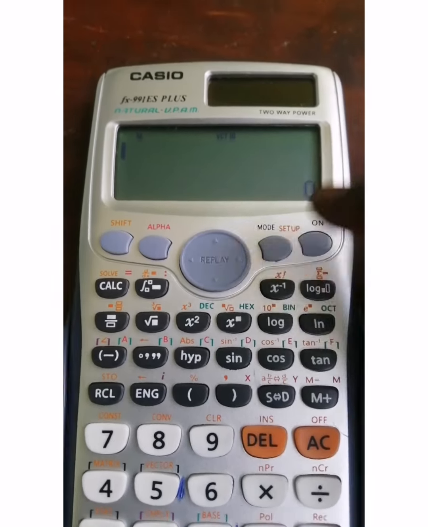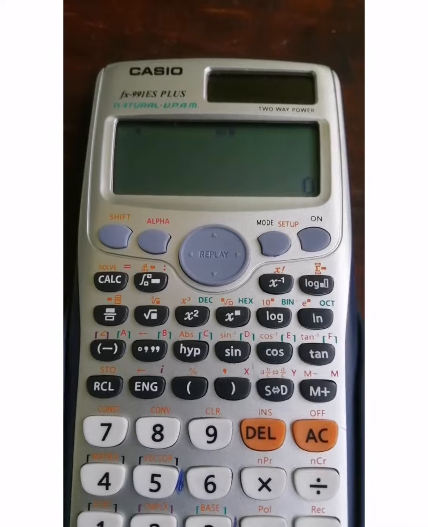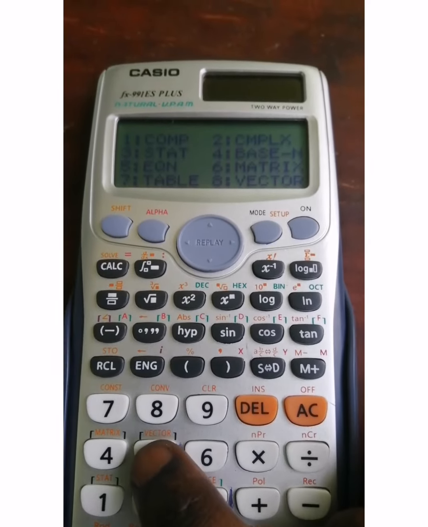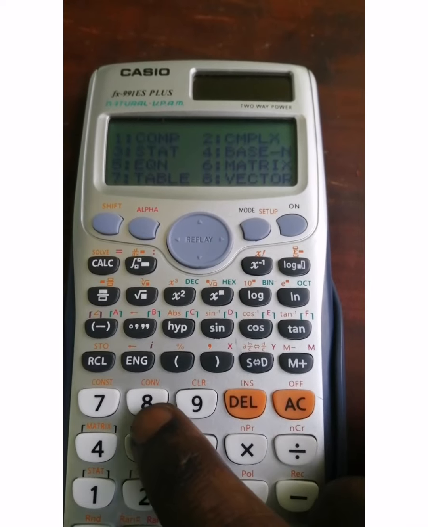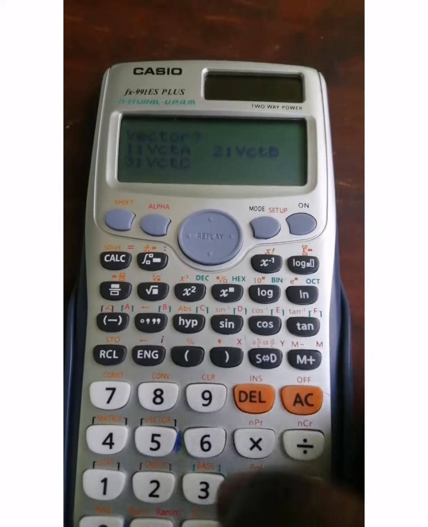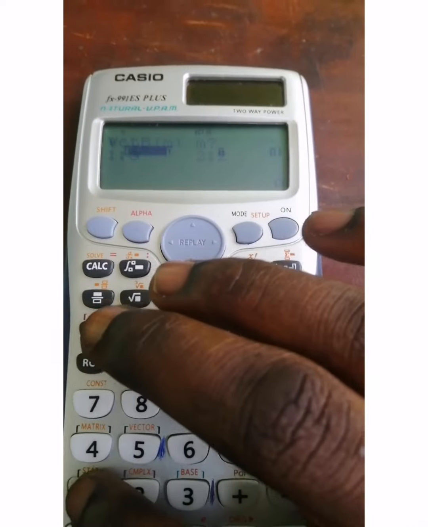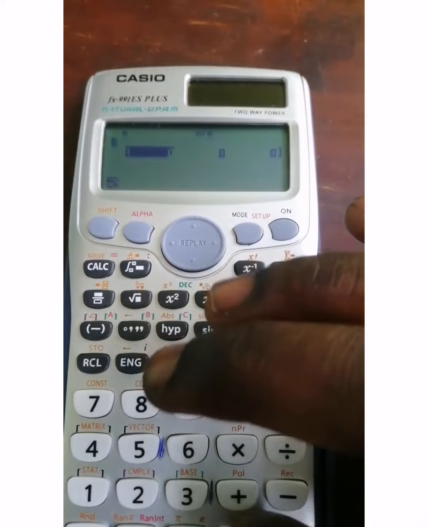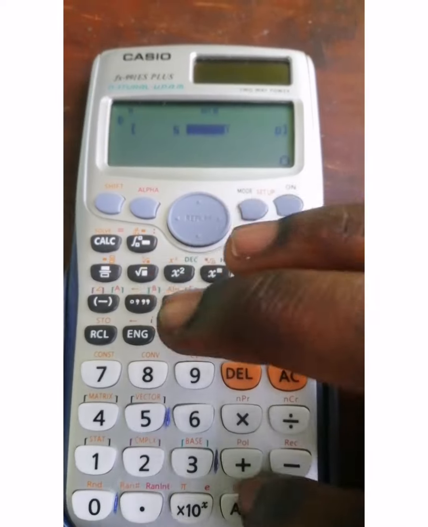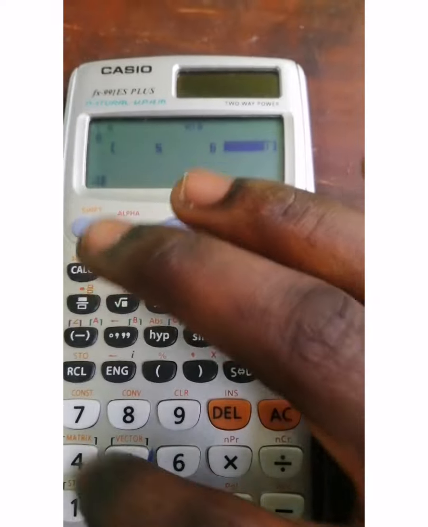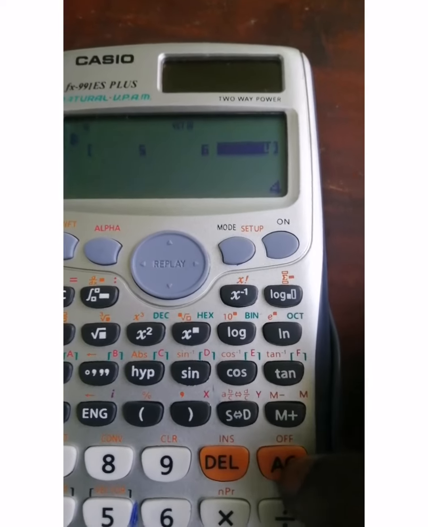Now maybe I want to choose another vector, so I go here and press 8, and I'll choose maybe vector 2, that is B, and I choose 1/3, and I put in values inside. Now after that, I'll press AC.